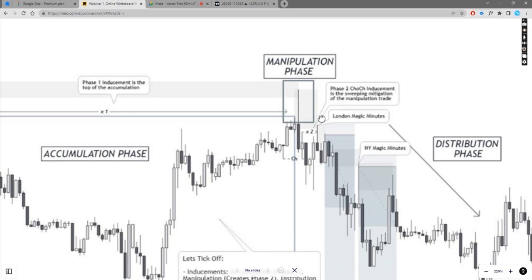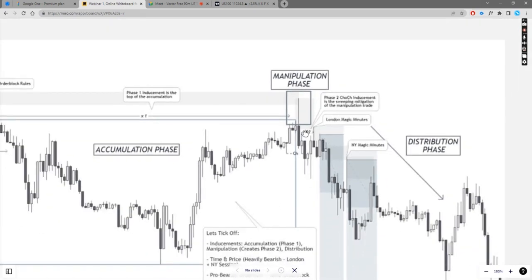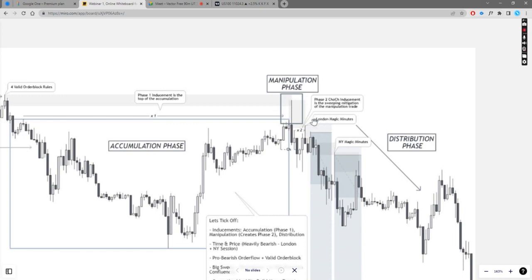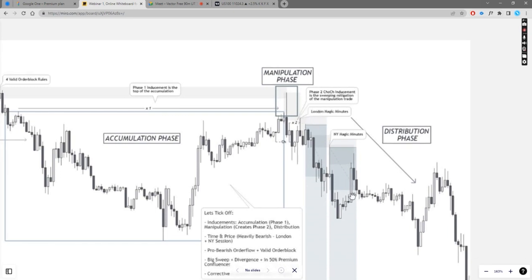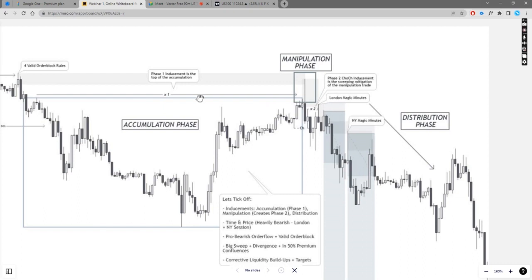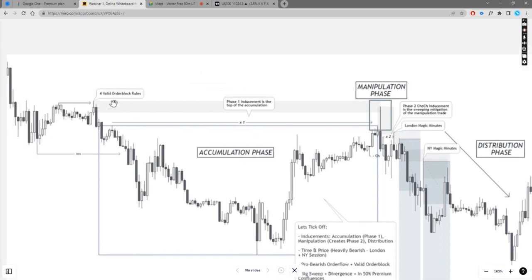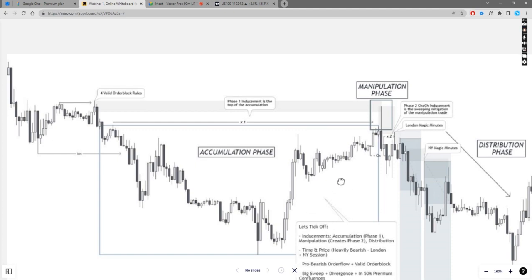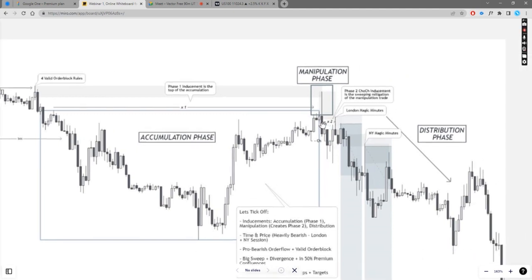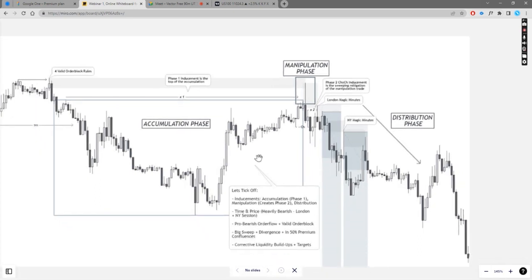We have the manipulation up here, and then we have our phase 2 inducement, which is a lower time frame entry idea, and then we follow time and price, and we can have some trades through there. So it's about spotting the accumulation, spotting that active order block as like the trampoline in the sense that we can bounce off after our accumulation. And then that mitigation of that manipulation that takes out that phase, yeah.